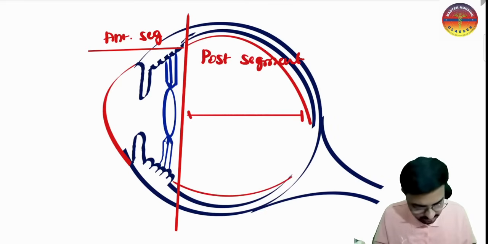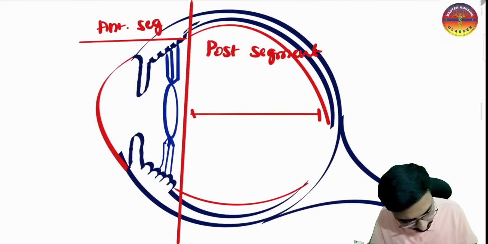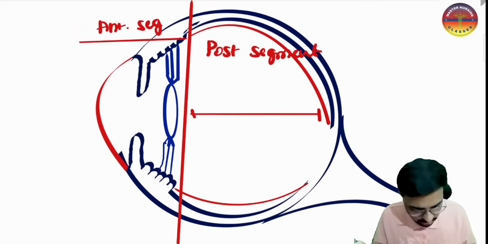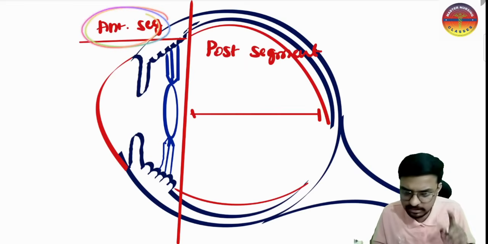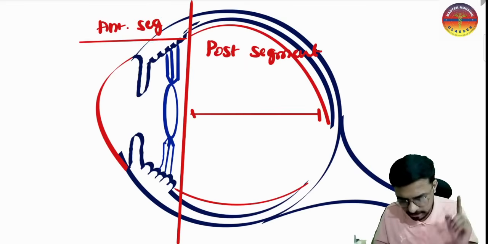The anterior segment is further divided into the anterior chamber and the posterior chamber.